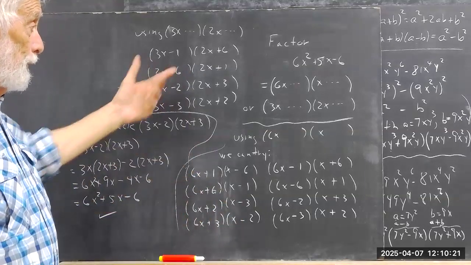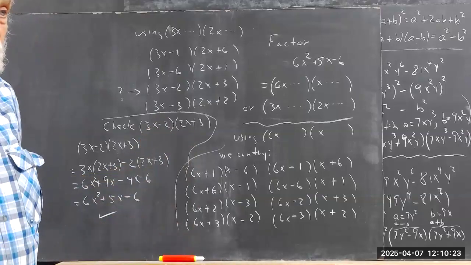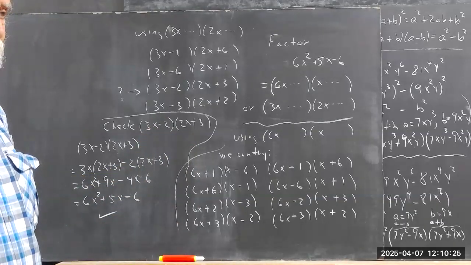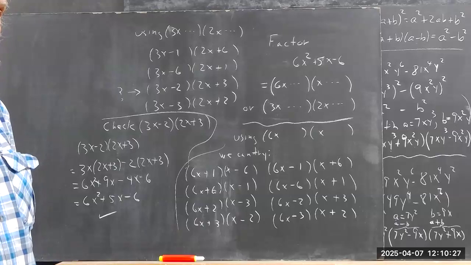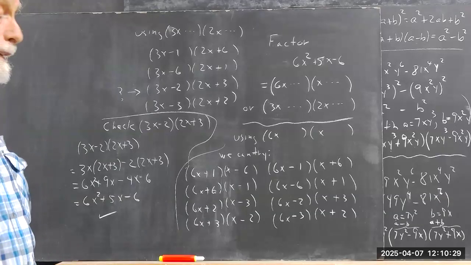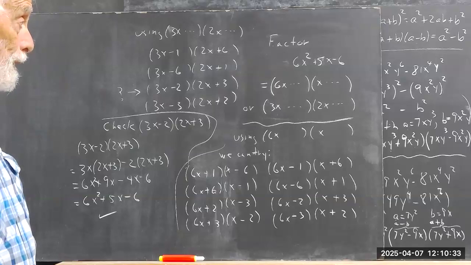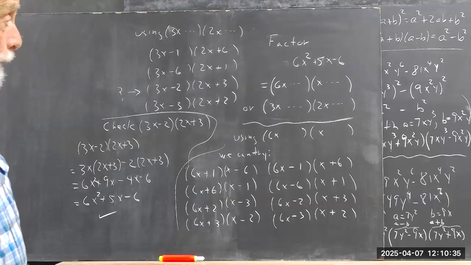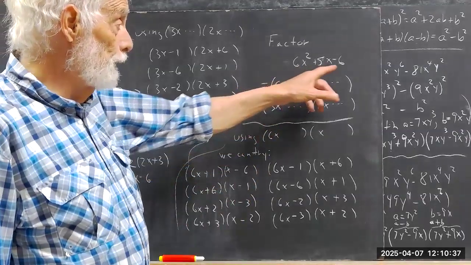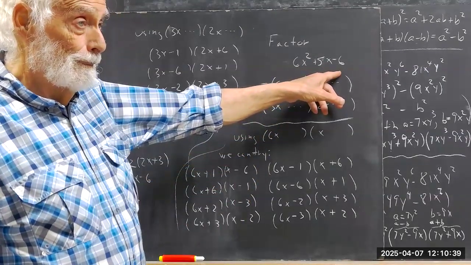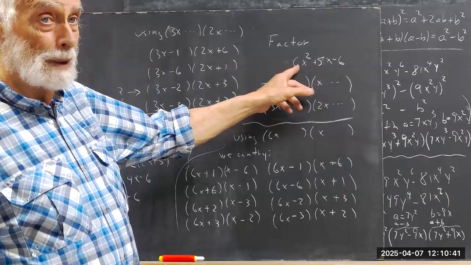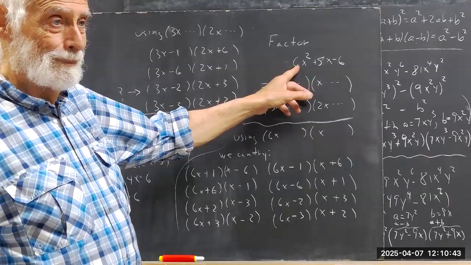But I do recommend you do this for a couple of problems just to gain a little practice. It's a little tedious. Pick something that doesn't have more than a couple of factors here, a couple of factors here. Like 6 could be either 6 times 1 or 3 times 2.